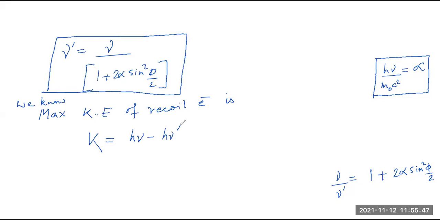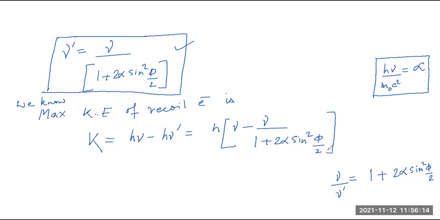Is it okay? So I can take h common: nu minus nu prime, substituting nu prime from the above expression, so nu by 1 plus 2 alpha sine square phi by 2.